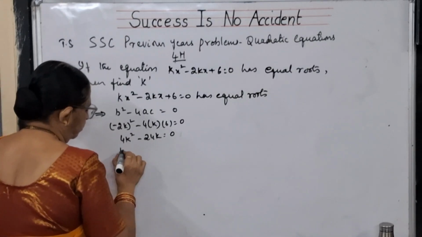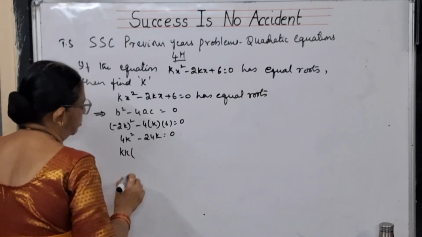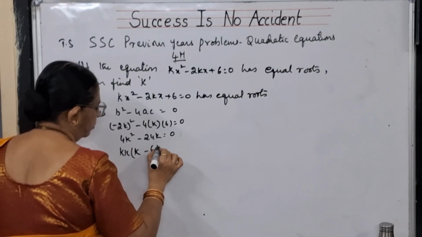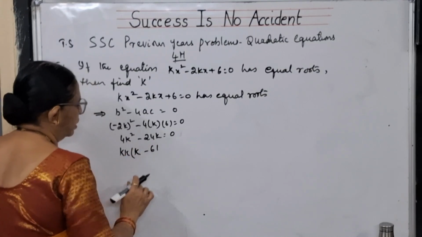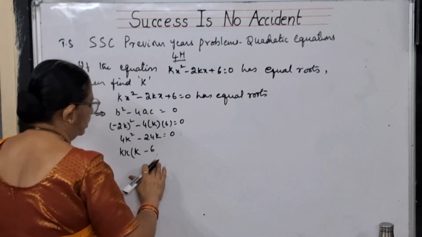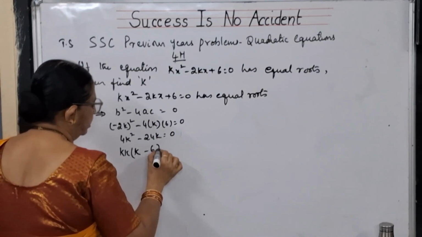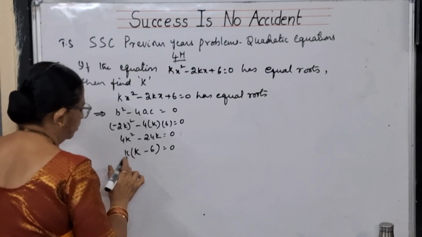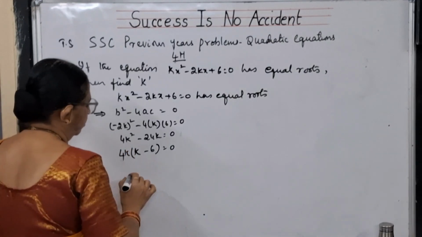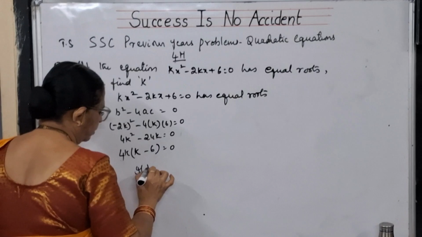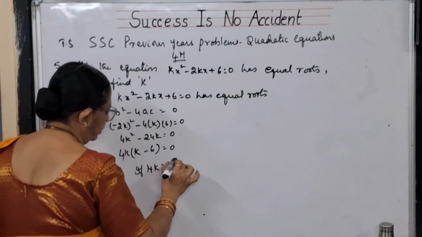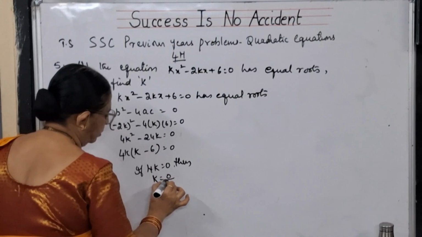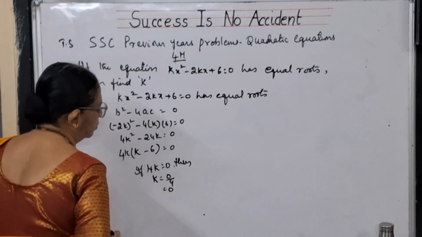So in these two, 4k is common. So k minus 6, since 4 into 6 is 24. So 4k into k minus 6 is equal to 0. If 4k is equal to 0, then k is equal to 0 by 4, that is equal to 0.